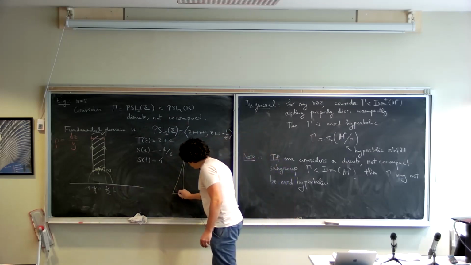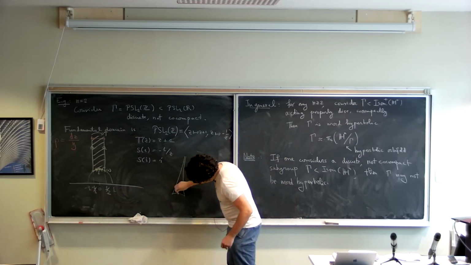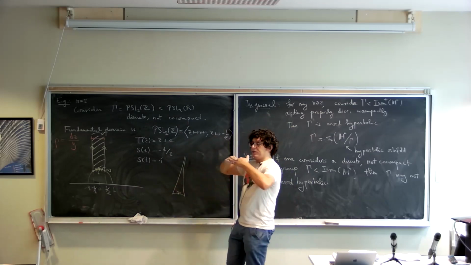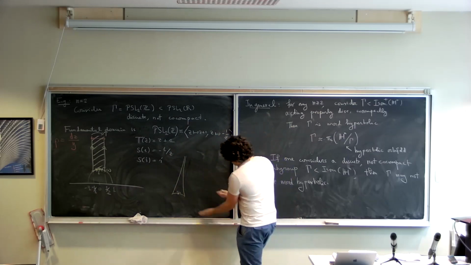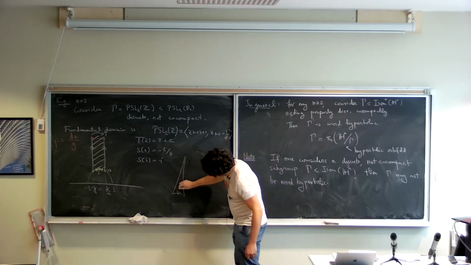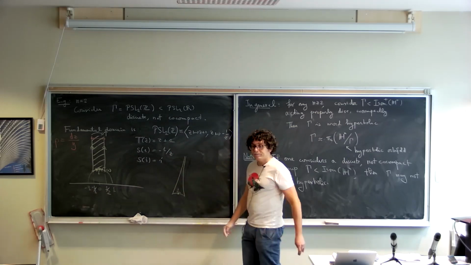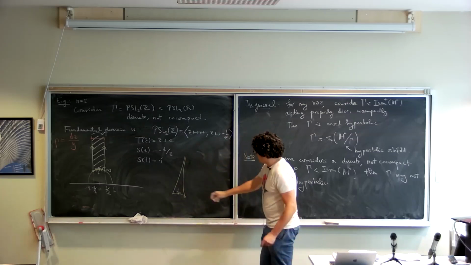This point is problematic, in the sense that if you think of it as made of a piece of paper, you're taking this piece of paper and folding it like that. So the total angle here is pi, not 2 pi. On the other point, what is the total angle?